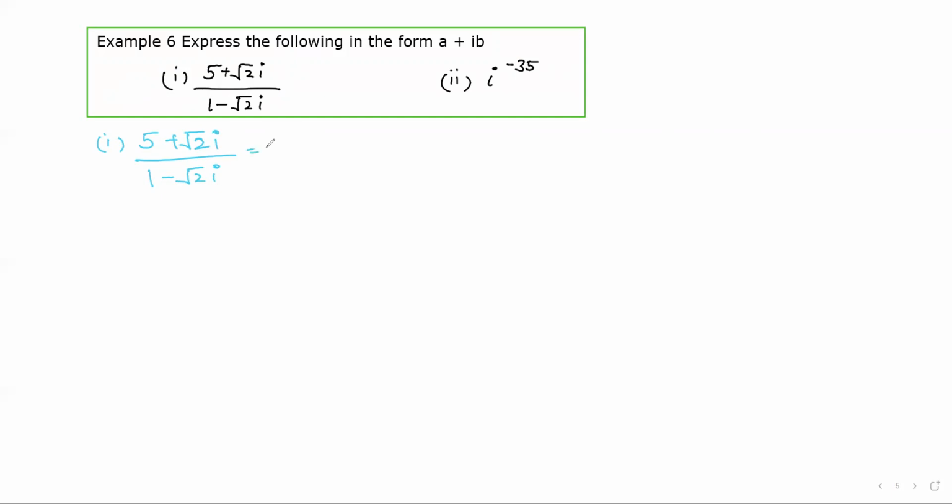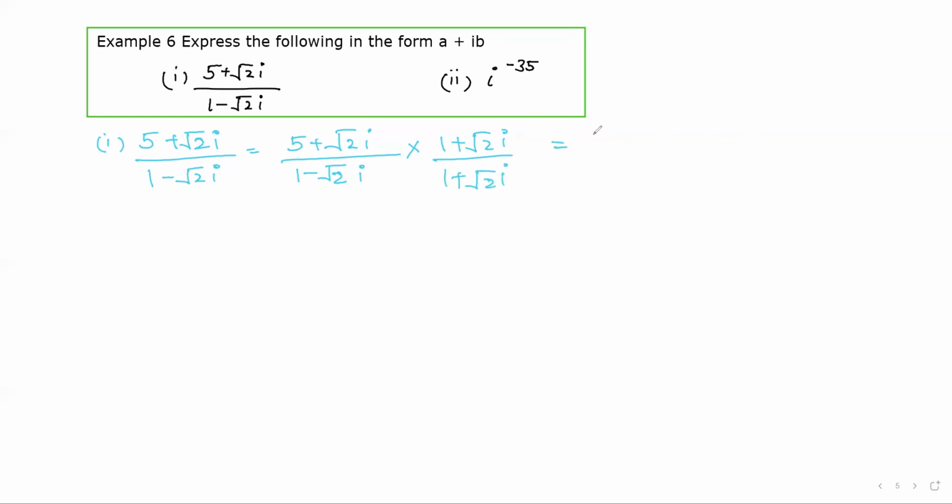To express into a plus ib, you need to rationalize the denominator. So this 5 plus root 2 into i upon 1 minus root 2 into i is multiplied by 1 plus root 2 into i upon 1 plus root 2 into i.